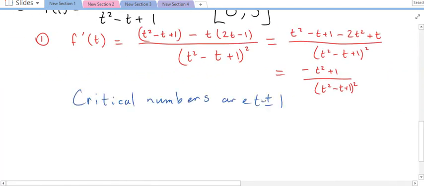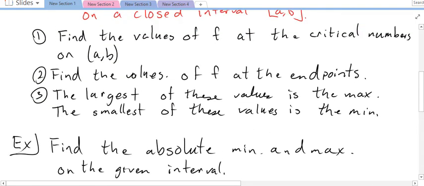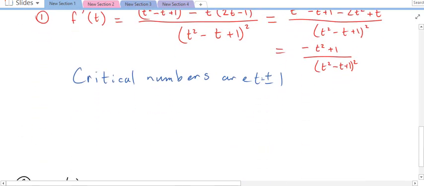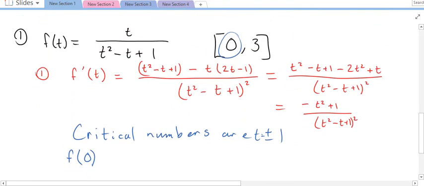So now for the other parts, find the values of f at the critical numbers. So what I really want is to plug those values into the function and find the value. And I'm also going to want to do that for the endpoints of the interval here. So let's just do all of that at once. So what I need to find is f of 0, and I'm getting that from up here, that one endpoint.